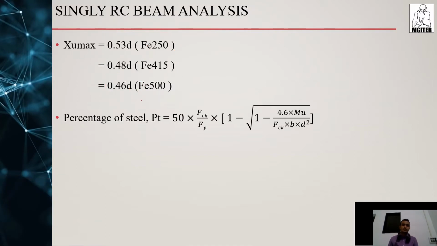And this is the equation for the percentage of steel, pt = 50 fck upon fy into (1 minus under root of 1 minus 4.6 Mu upon fck b d square). Note down this equation.